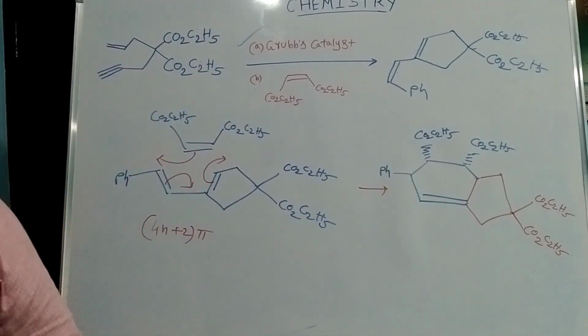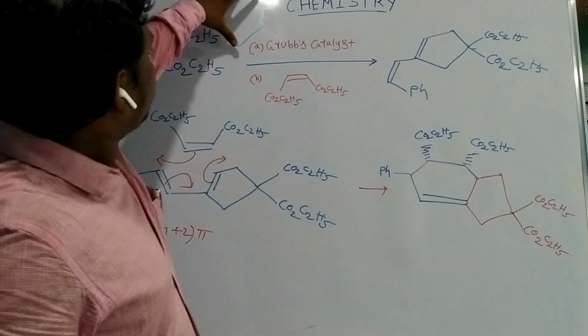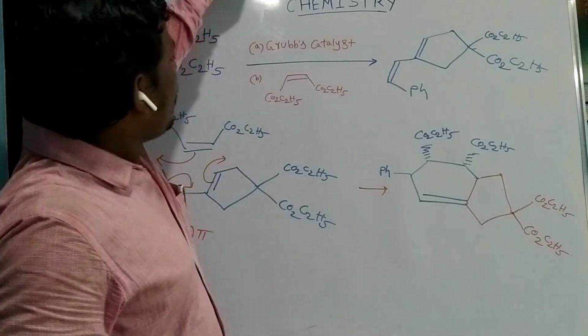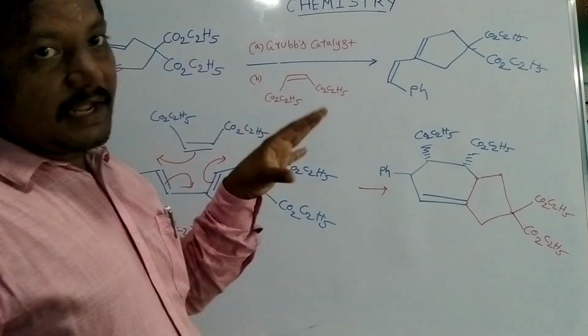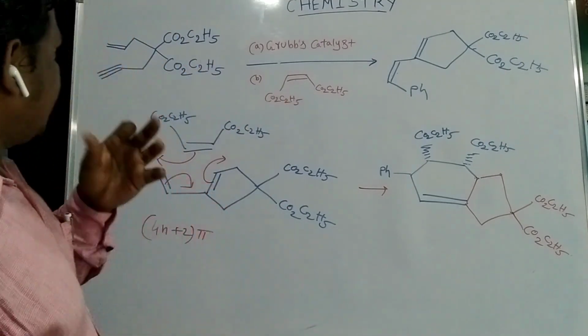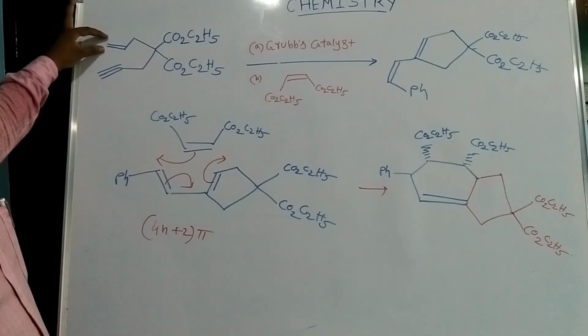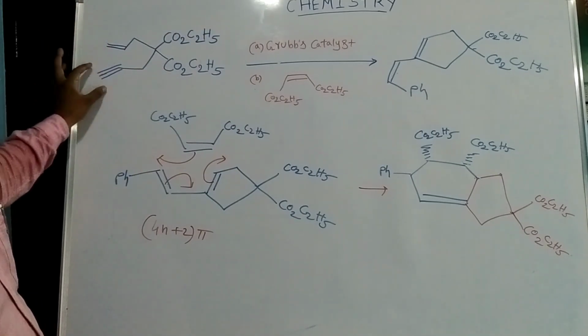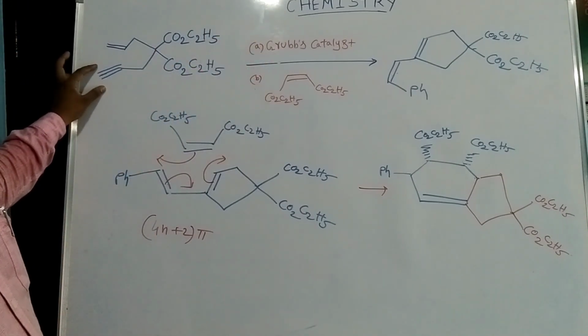Okay. If you want to understand this question, you have to know what Grubbs catalyst is and the reactivity order also. Then if you take this compound, the substrate has an yne and an ene. Grubbs catalyst is reacting with the ene. Okay.